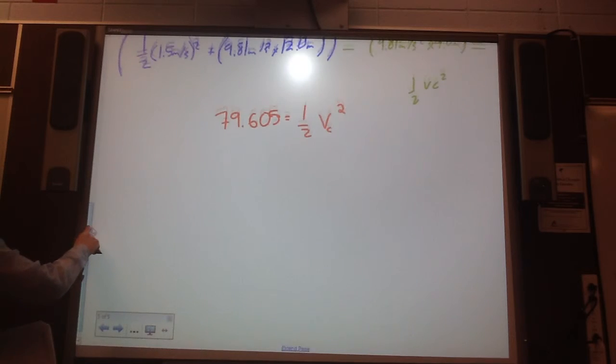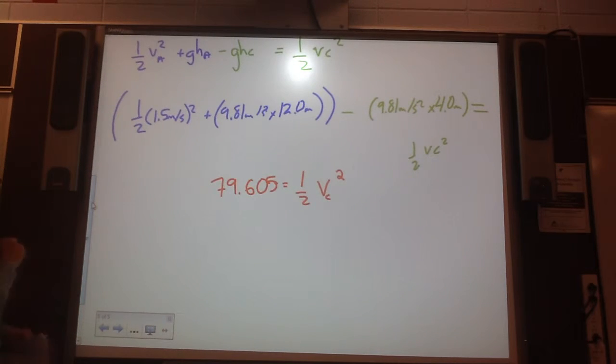So now we should have 79.605 is equal to our half VC squared.